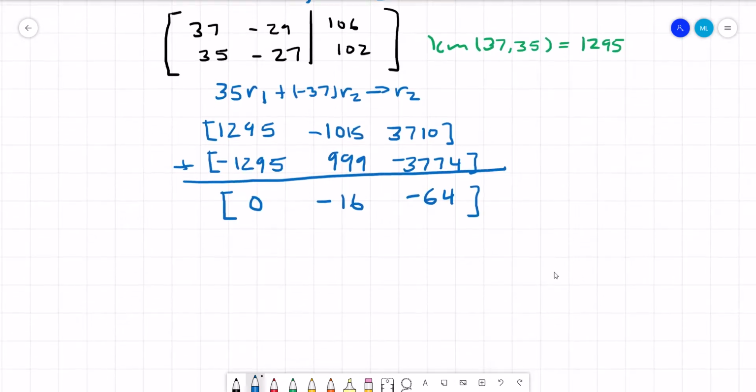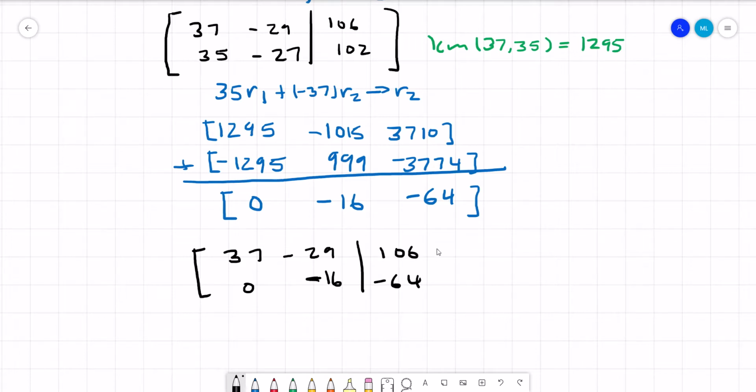So your system now becomes 37, negative 29, 0, negative 16, and then we have negative 64, and then you have 106.